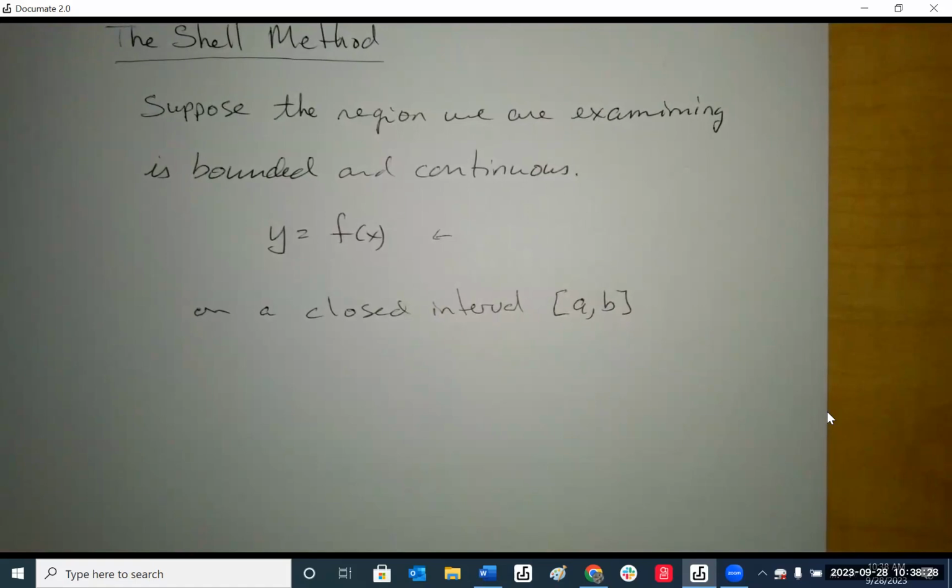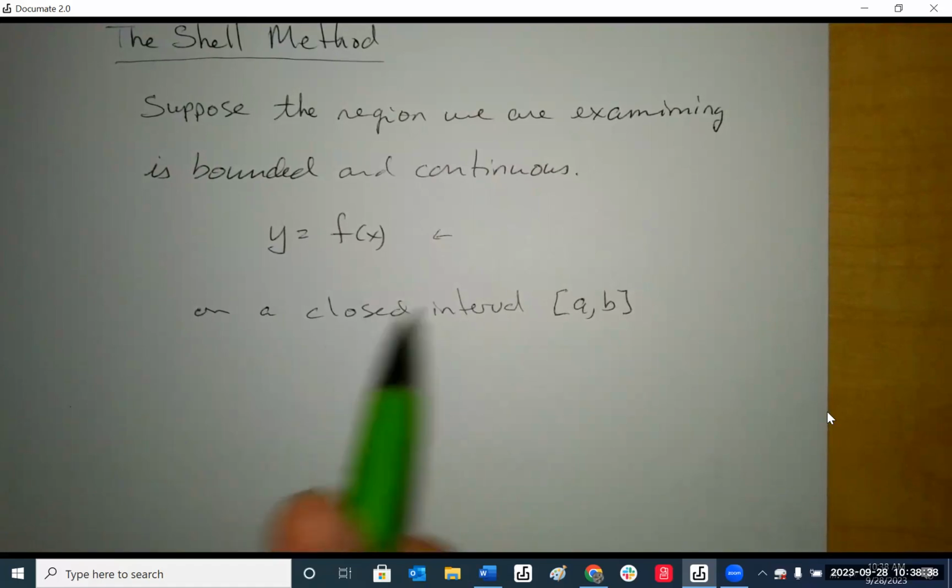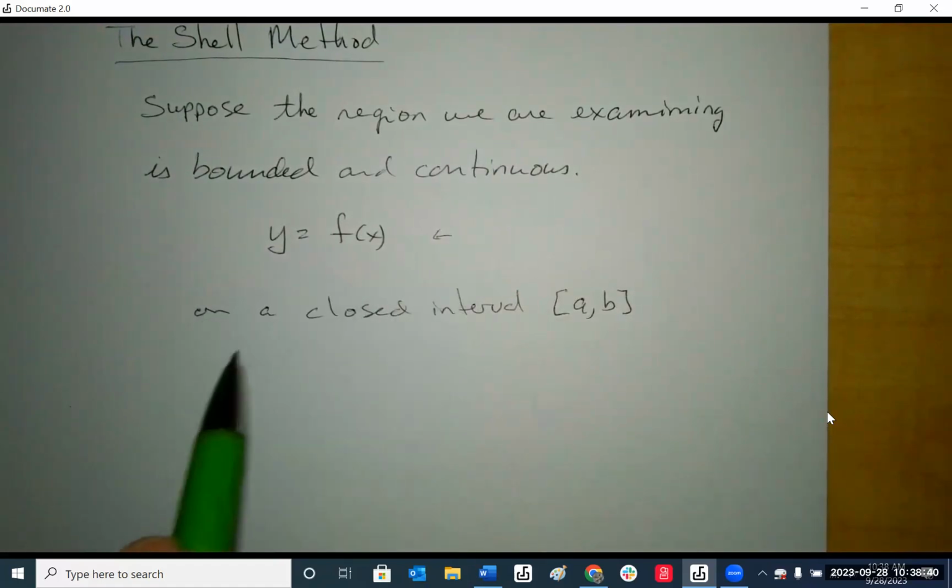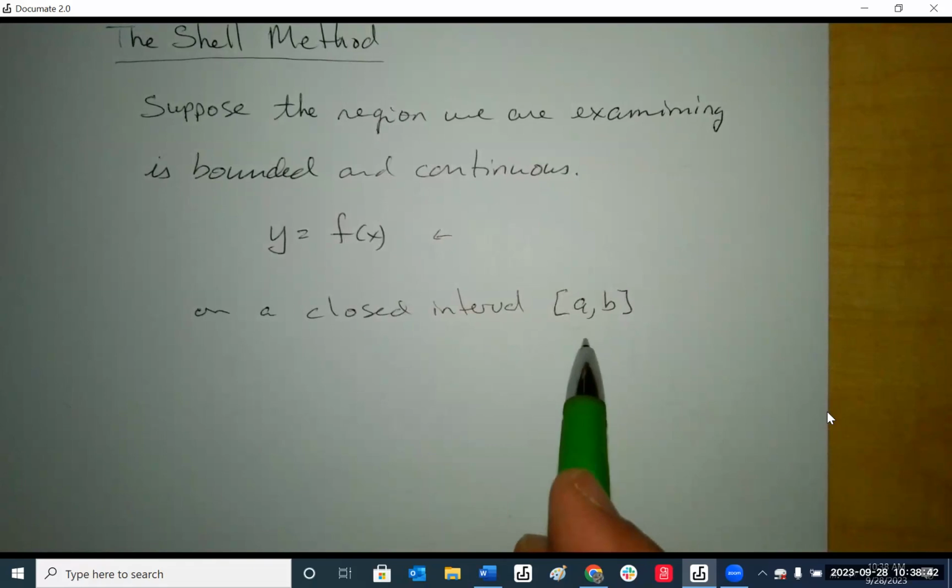Yeah, because we need to have bounds. We have to go from A to B, so it has to be closed, has to be definite. Suppose that a region we're examining is bounded and continuous on a closed interval AB.